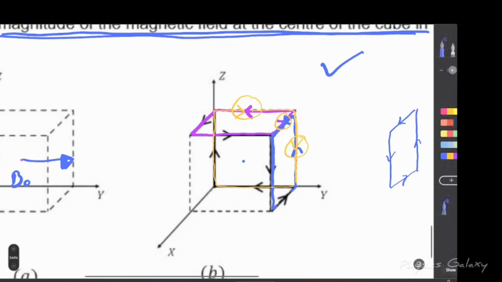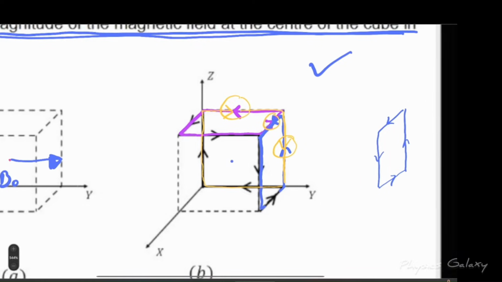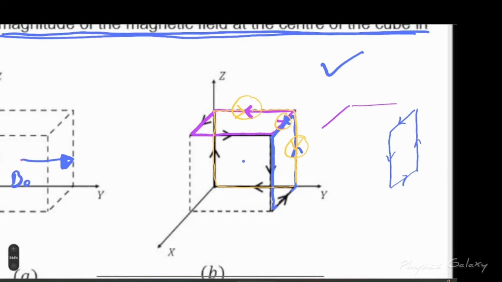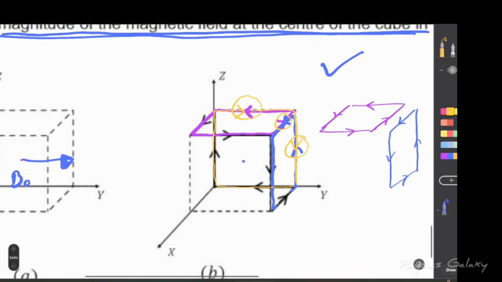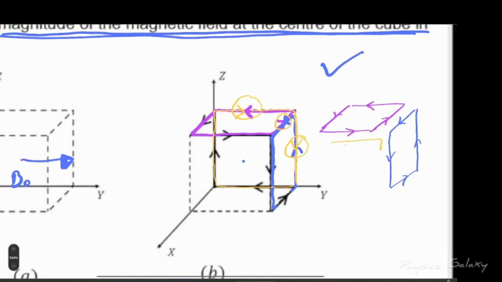Then we have one more loop at the top, going like this. So this is the top loop, and then we have the back loop, which, let me draw it here, is like this. So we have three loops, and the currents at this edge cancel automatically.